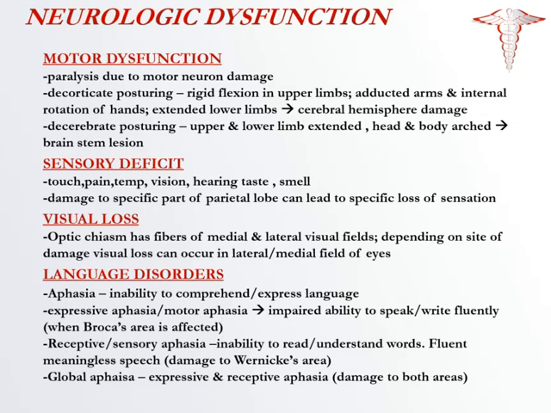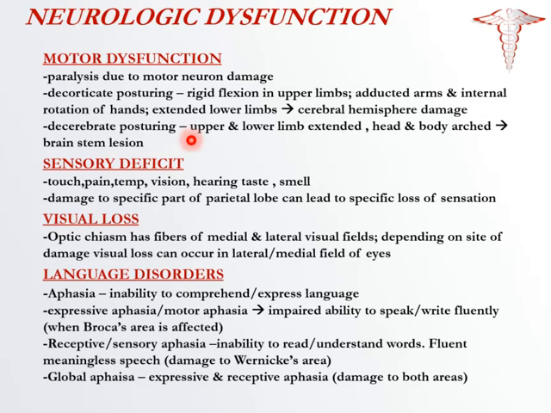In decorticate there is a rigid flexion in the upper limbs, adducted arms and internal rotation of the hands, extended lower limbs. Then it is a clear cut indication that the individual has a cerebral hemisphere damage. The other posturing is decerebrate posturing, where everything is extended, head and body is arched, and that is a clear cut indication of a brainstem lesion.